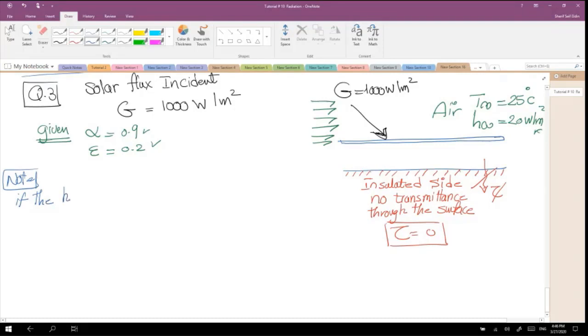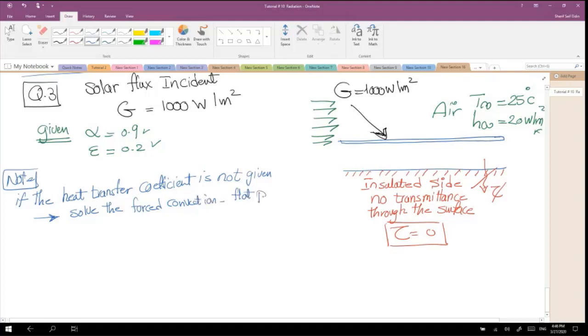If the heat transfer coefficient is not given to you, solve the forced convection flat plate external flow.